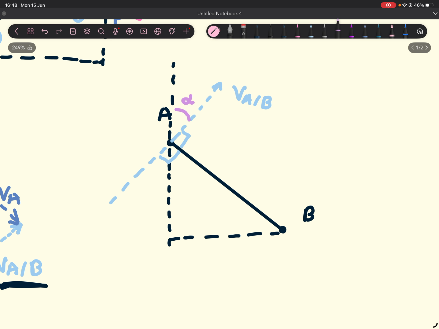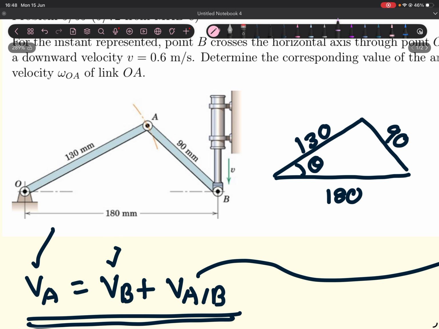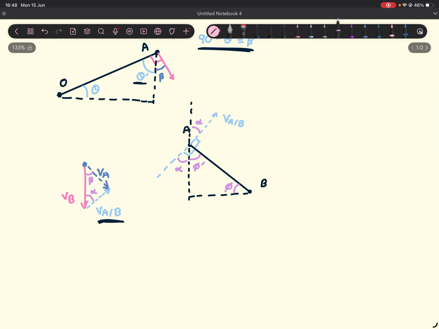And again, if I can solve for this angle, let's call this phi, and let's call this phi prime. If I can solve for phi prime, then I can solve for whatever alpha is. Okay, so if I go to my big diagram over here, I have phi on this side, and this is the triangle that we drew over here.